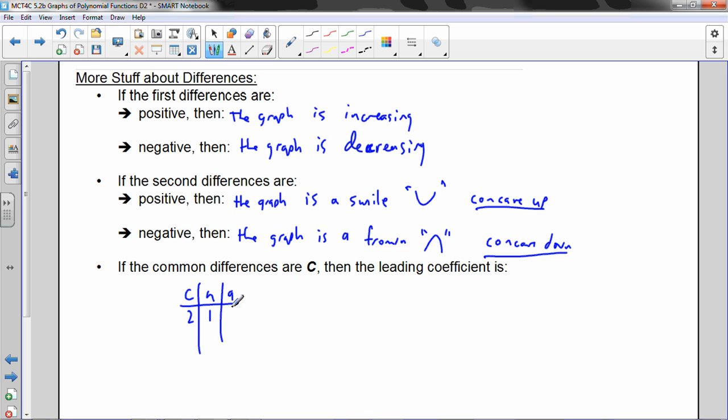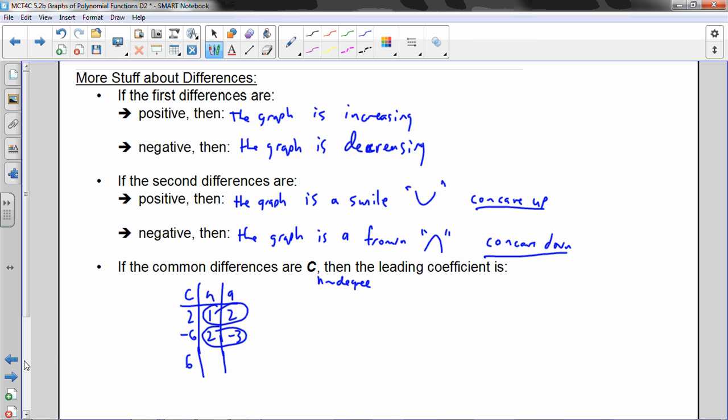It was degree 1, n is the degree, remember, and the leading coefficient was 2. For the second one, the common difference was -6, and the degree was 2. It was quadratic, and the leading coefficient ended up to be -3. So notice it kind of looks like c might be n times a. Right? You see that?